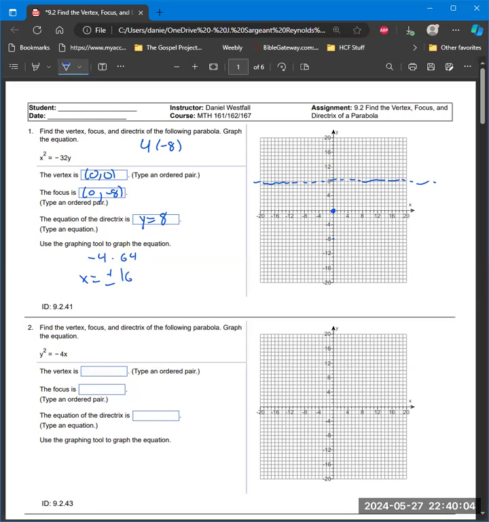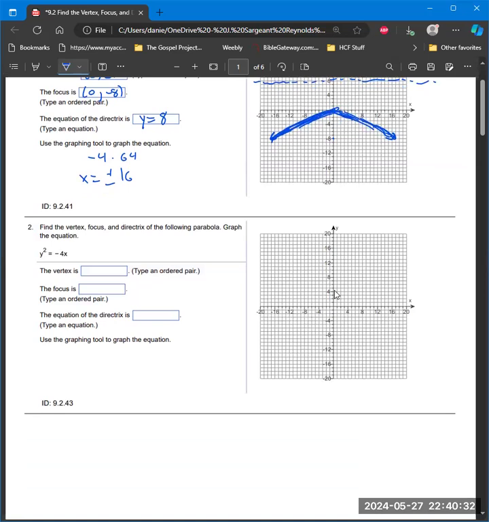So we have (-16, -8) and (16, -8), and it goes like so. It shouldn't be so pointy, but you get the idea that it's a parabola like that, and your graphing tool will get that pretty much perfect.